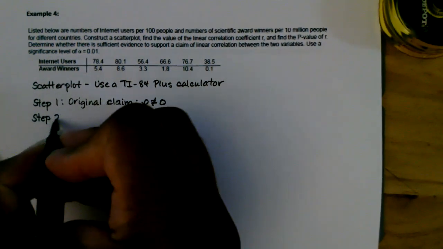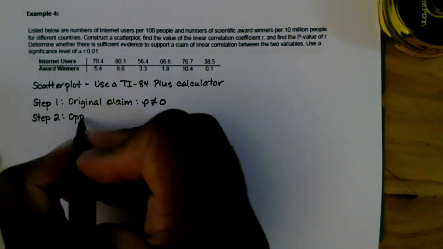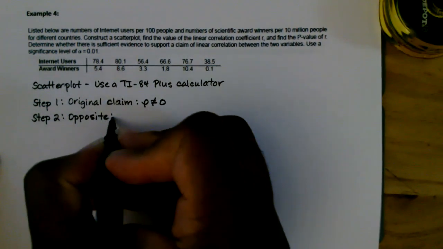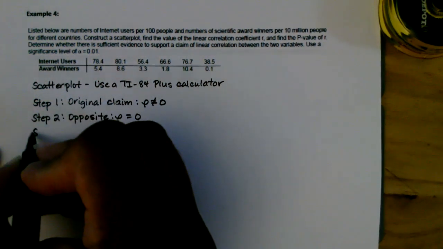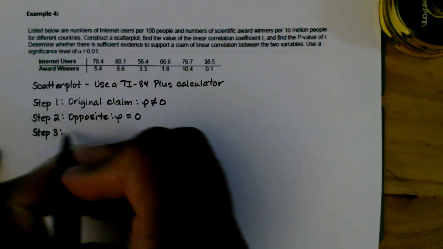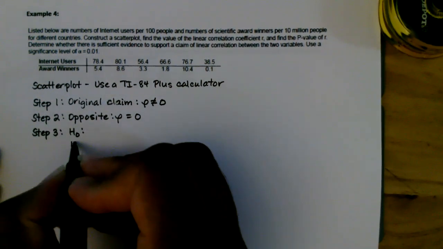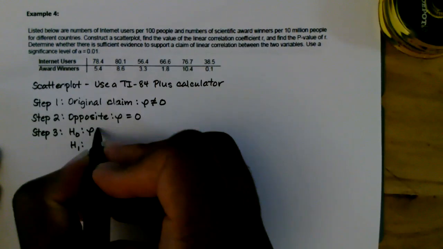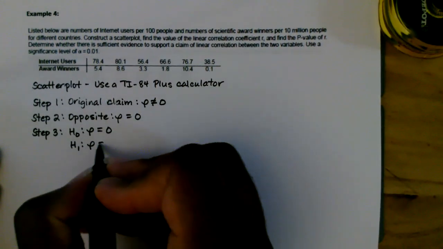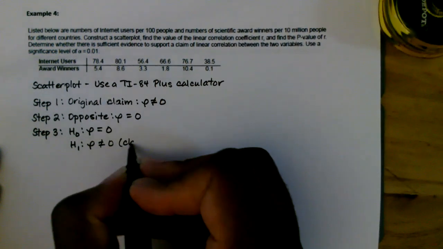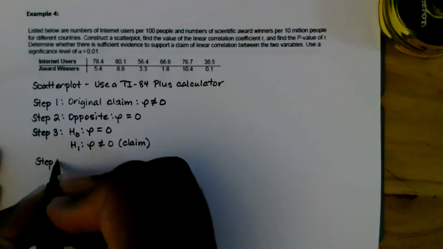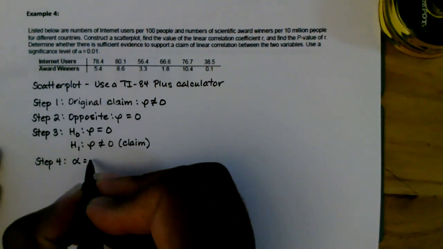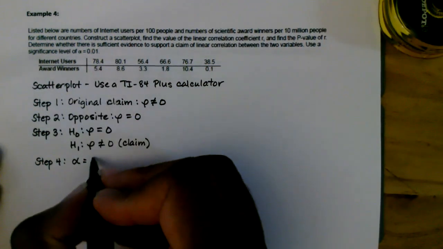And then step number 2 is the opposite of the original claim. That's rho is equal to 0. And then step number 3 is stating the null and the alternative hypothesis. Of course, the null always has the equal sign, and the alternative has the not equal to, and that's also the claim. And then step number 4 is your level of significance. This time is 0.01.